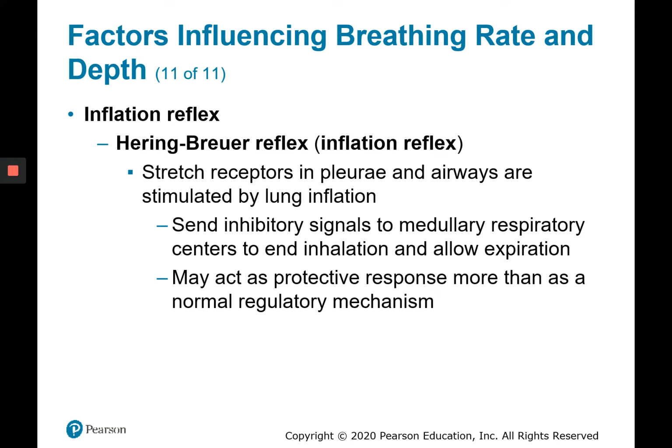That means that volume increased, and we got stretching not only of the thoracic cage, but of the lungs themselves. We think this can work to end inhalation and allow for expiration, but it's not necessarily needed. It's more of a protective response to make sure that expiration occurs, so it's a regulatory mechanism.